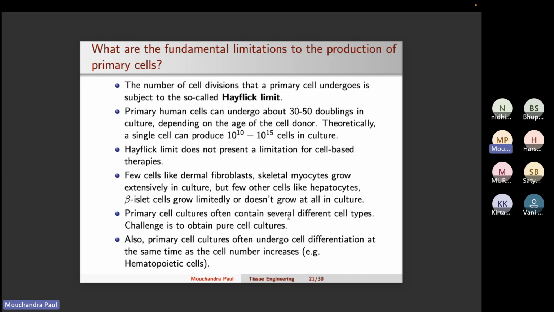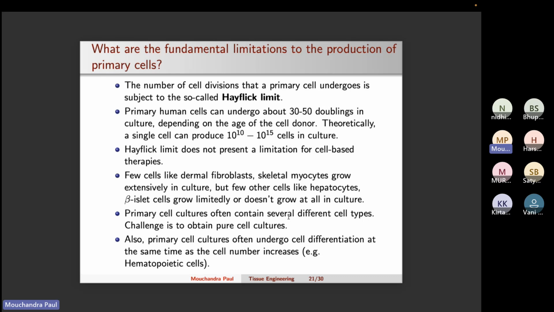There will be few nerve endings. So if the lymphatic vessels are running, there will be lymphatic cells as well. So one tissue is not composed of one or two cells, there are multiple cells present. So when you are going to make a primary culture directly from the patient, it's going to be a very challenging task to get only one cell population out of say 5 or 6.